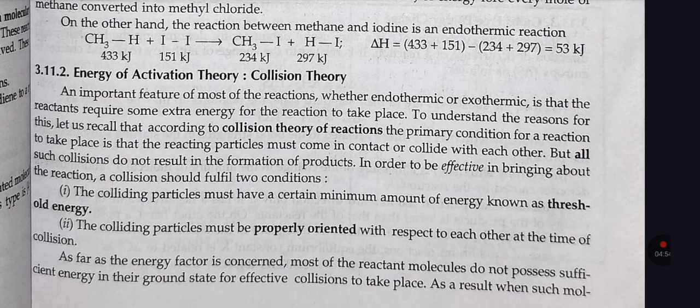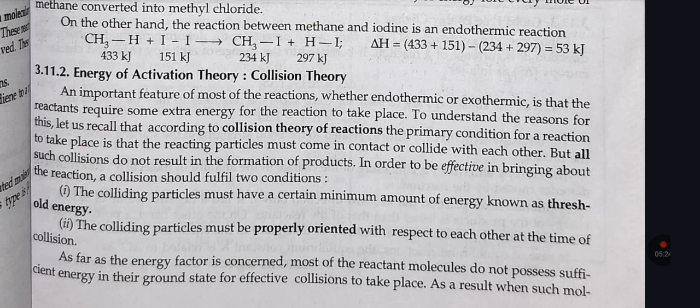To understand the reason for this, let us recall that according to collision theory of reactions, the primary condition for a reaction to take place is that the reacting particles must come in contact or collide with each other. But not all such collisions result in the formation of product. In order to be effective in bringing about the reaction, a collision should fulfill two conditions.